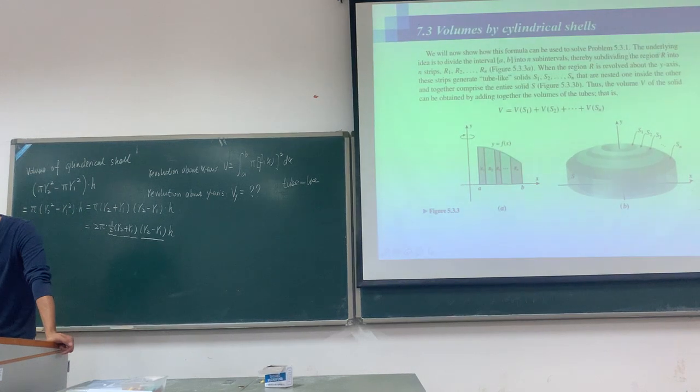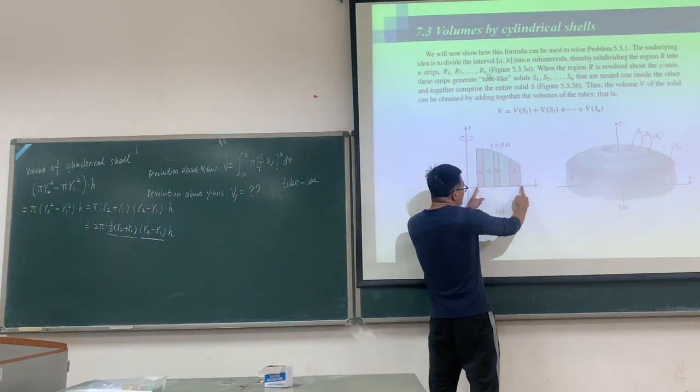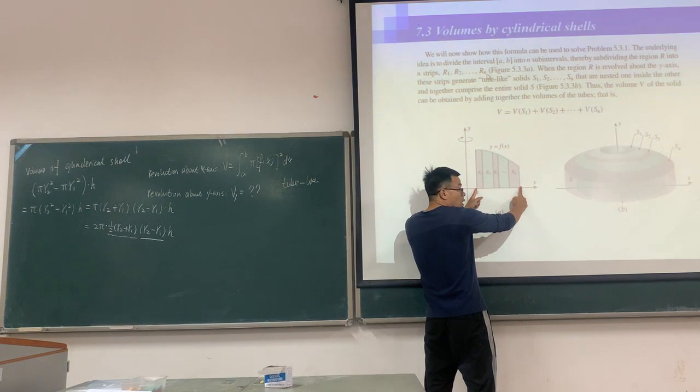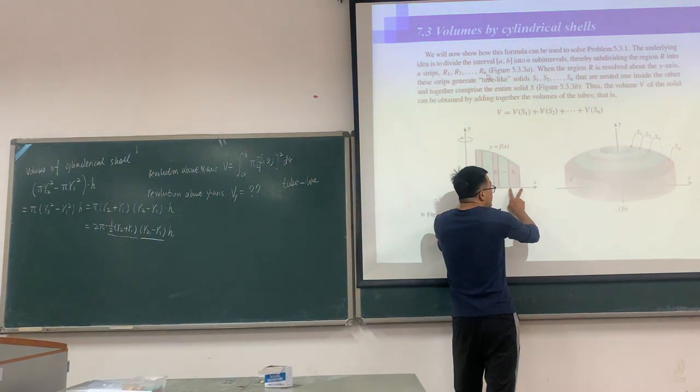The underlying idea is to divide the interval AB into n subintervals, thereby subdividing the region R into n strips. We obtain the n strips: the first strip is R1, the second is R2, the third is R3, and the last one is Rn.